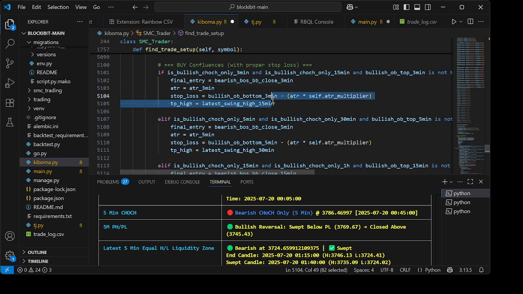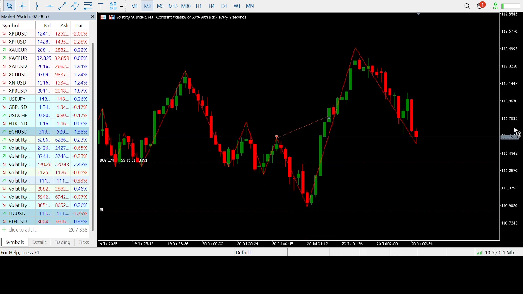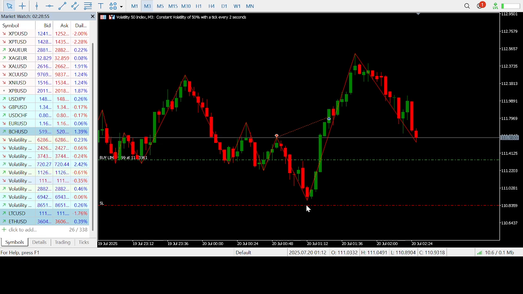And okay, the stop loss is below. So let's see where it placed the stop loss, right? We can just go here, and as you can see, here, it placed slightly below. For me, I consider this as an order block, because it is the last candle before this went up, so it is here, right?